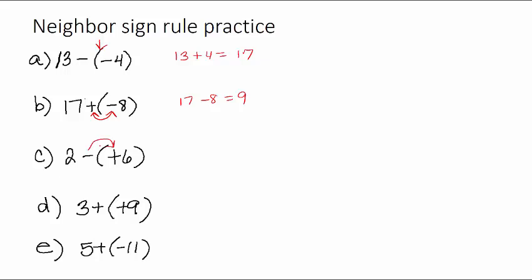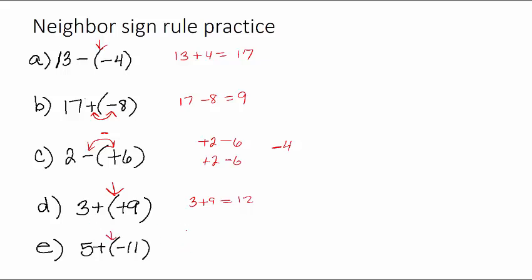Here we have two different signs, so we're going to keep the negative. 2 take away 6. Now this is like a mixed sign problem. So we have two positives and 6 negatives, so we have more negatives. How many more negatives? 4. Here we have two signs that are the same, so we're keeping the plus sign. 3 plus 9 is 12.